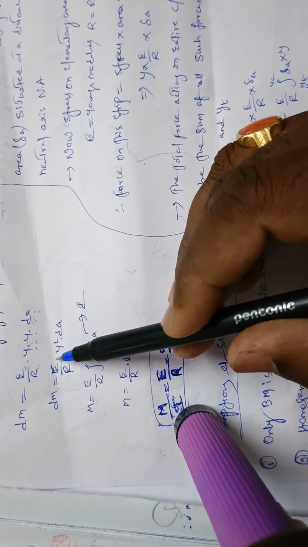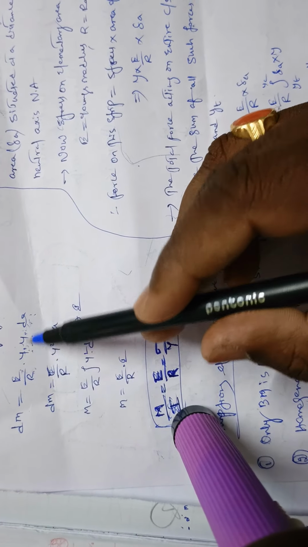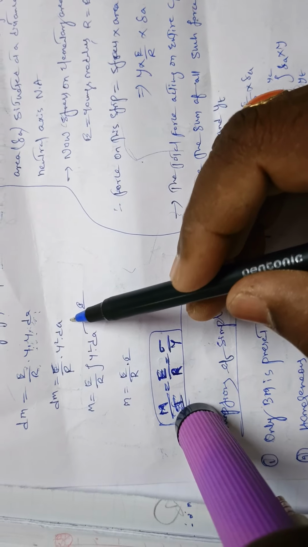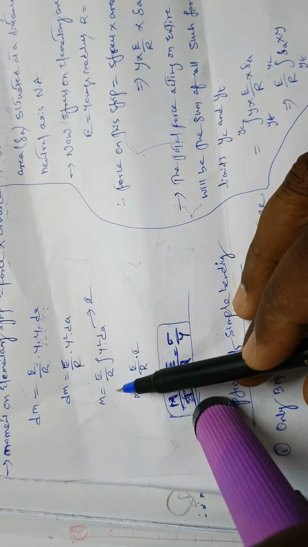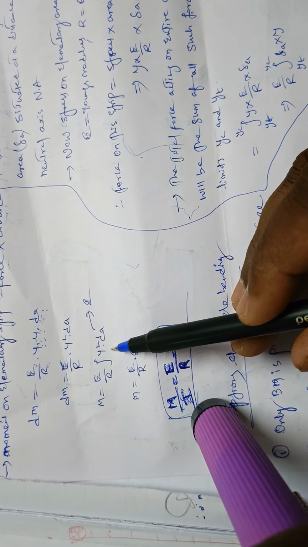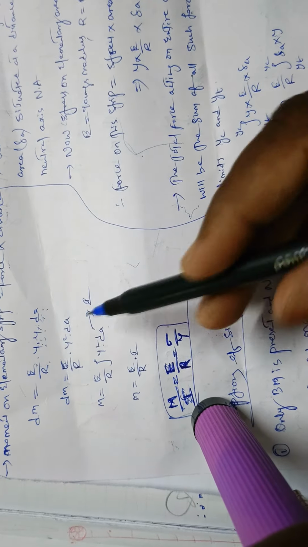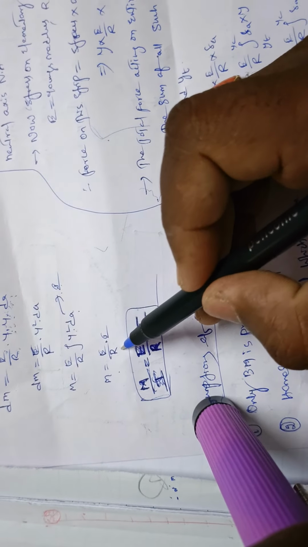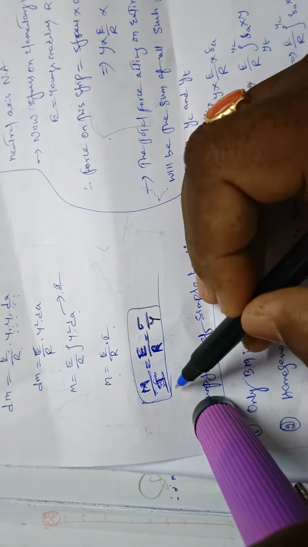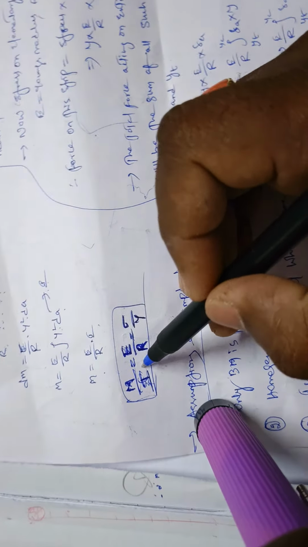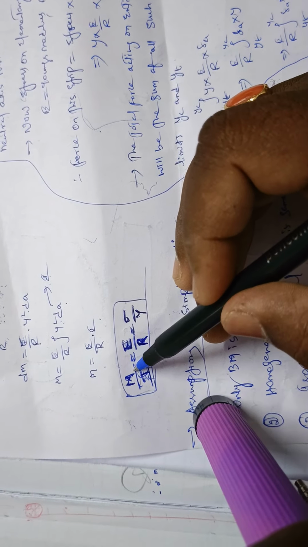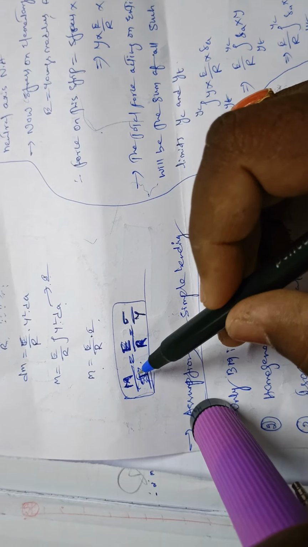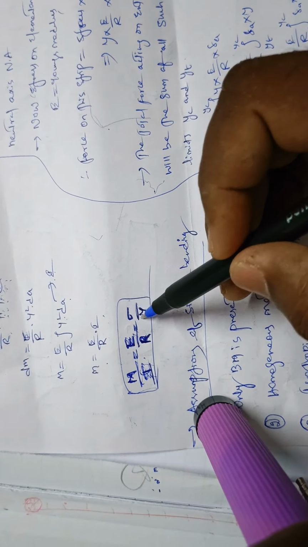So dM is equal to E by R into Y square dA, and M is equal to E by R times the integration of Y square dA. Here the integral of Y square dA is nothing but I. So we have M is equal to E by R into I. That is written in our standard equation, the theory of simple bending equation: M by I is equal to E by R is equal to sigma by Y.